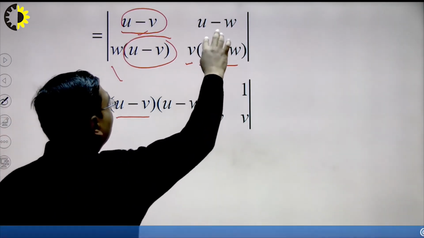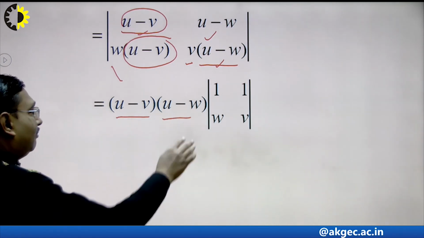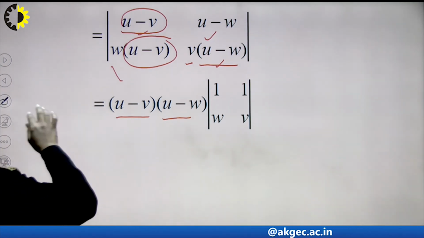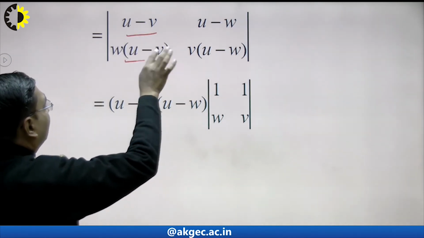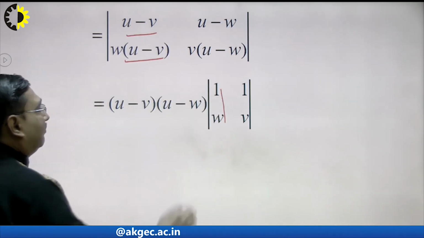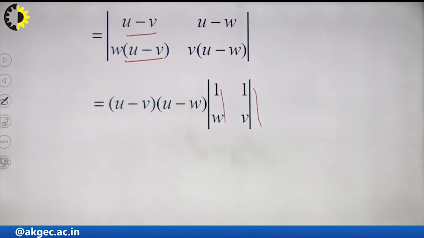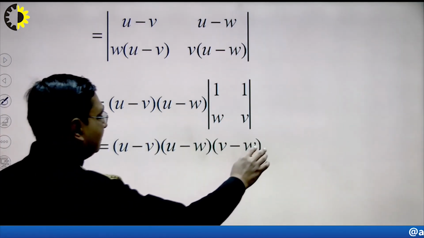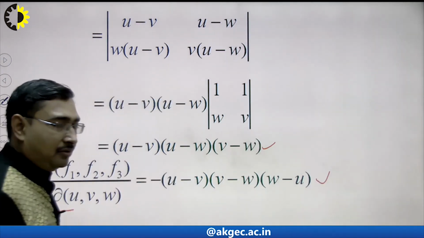In the second column, u minus w is there in both elements, so it can again be taken outside, and therefore I shall obtain this. u minus v is gone from here, and I am left with 1, w and here 1, v. Expanding this 2 by 2 determinant is not difficult, and expanding I obtain the value of this Jacobian del f1 f2 f3 over del u v w as this expression.